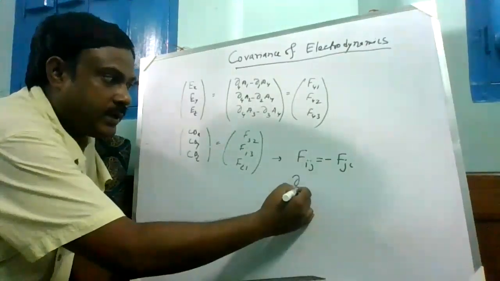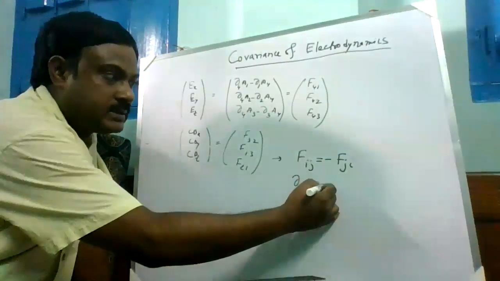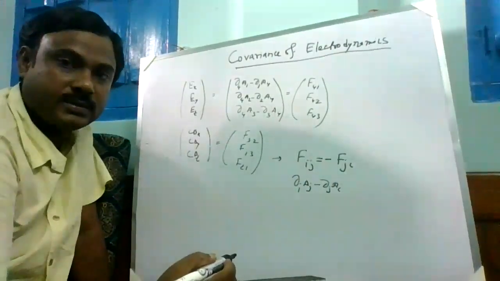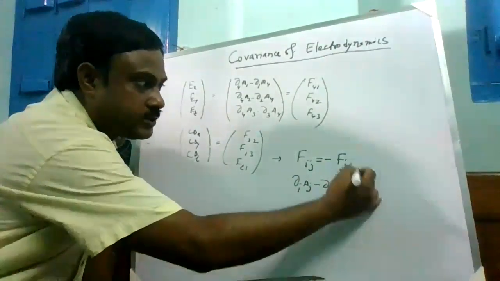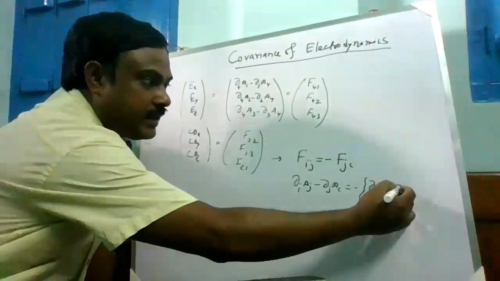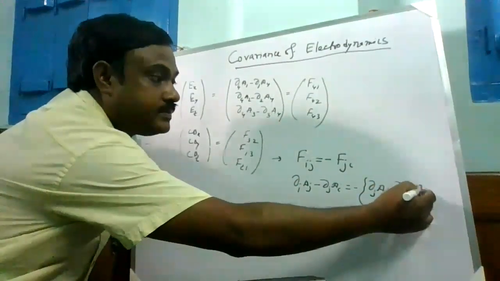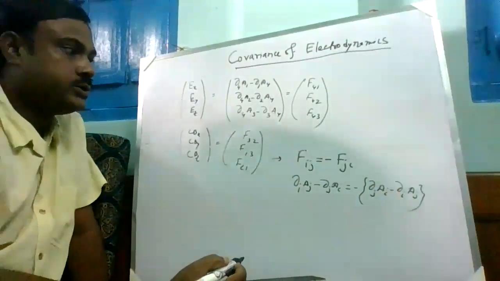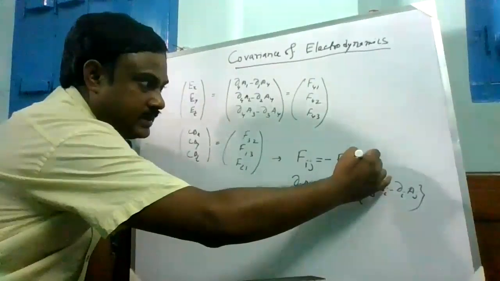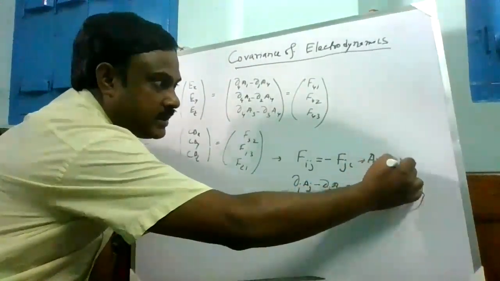If Fij equals del i Aj minus del j Ai, then minus Fji equals del j Ai minus del i Aj. That means the tensor matrix is anti-symmetric.